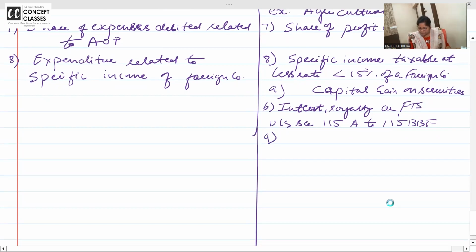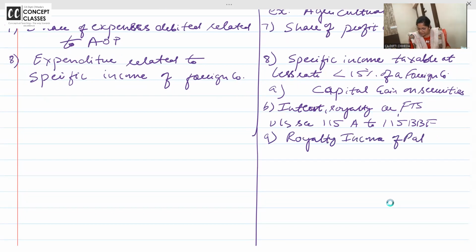Royalty income of patent under section 115BBF. This is repeatedly asked in MCQs also, so remember. I'll teach you this in this chapter only later. Royalty income of patent under section 115BBF, taxable at the rate of 10%.